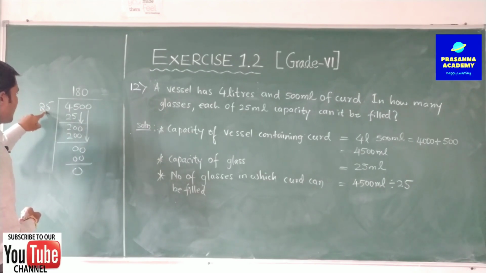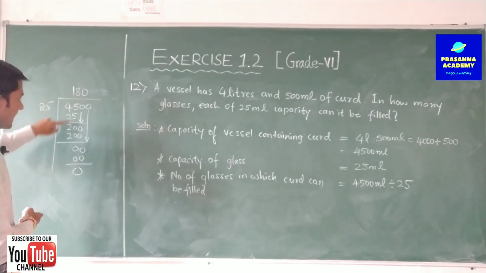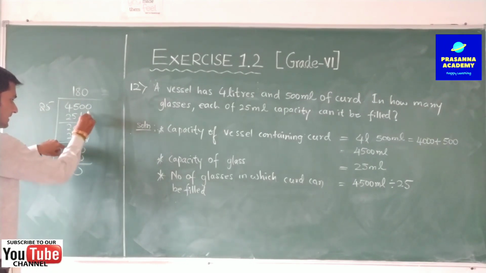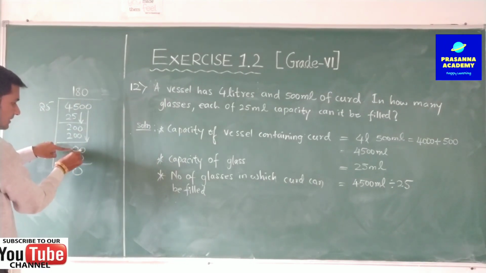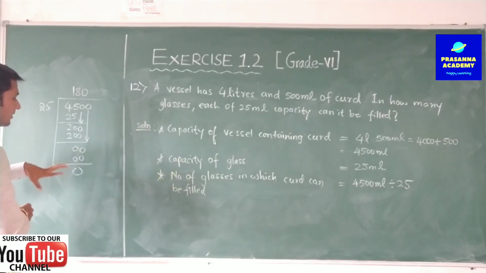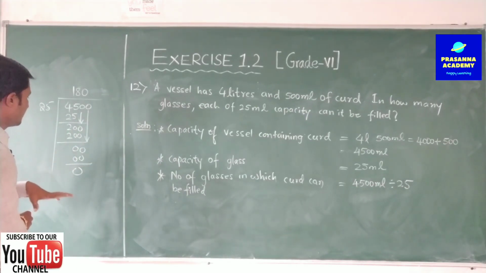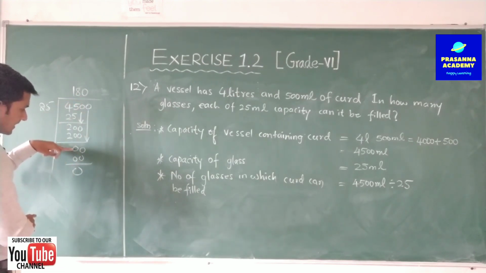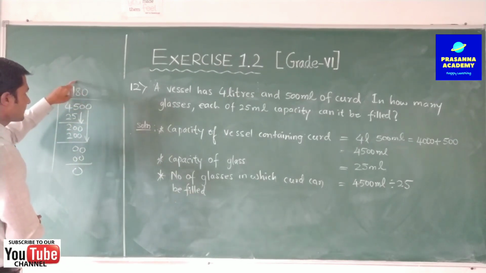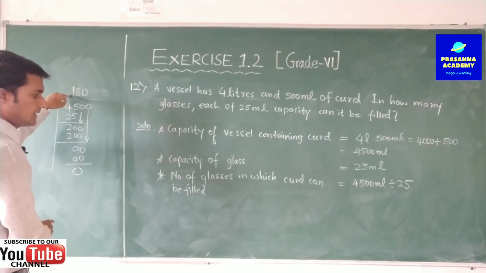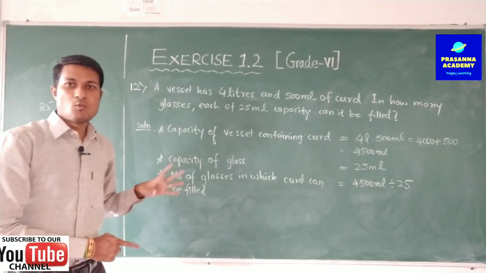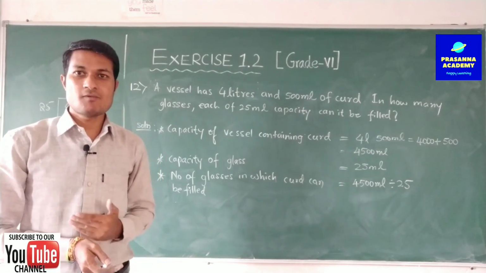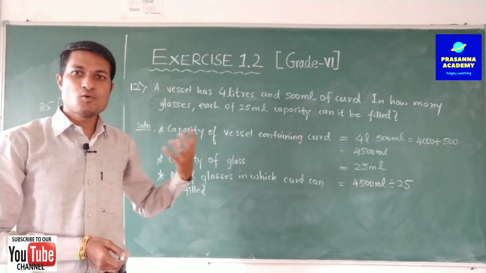Now 25 eights are 200, then 200 minus 200 will be 0, and I take this 0 down again. 25 zeros are 0, then 0 minus 0 will be 0, and I got the quotient as 180.